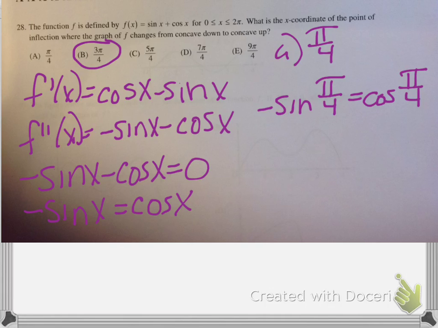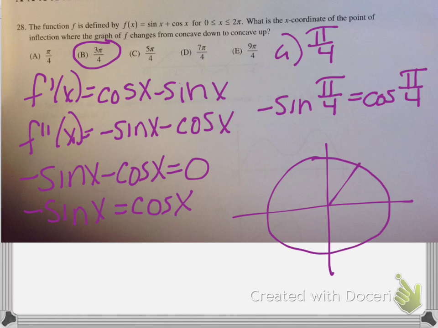Okay, now remember, you don't have a calculator. So pi over 4, pi is equal to 180, so pi over 4 is really just 180 over 4, which is 45 degrees. Okay, so if you think of your unit circle, 45 degrees would be right there.